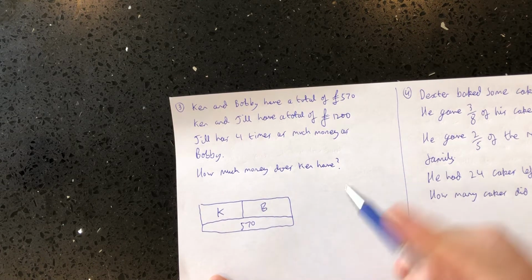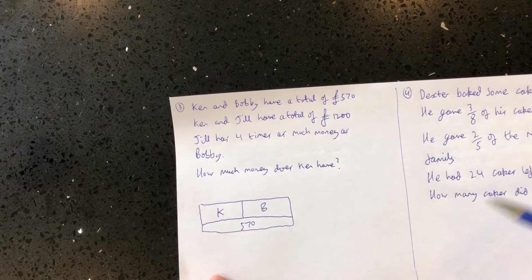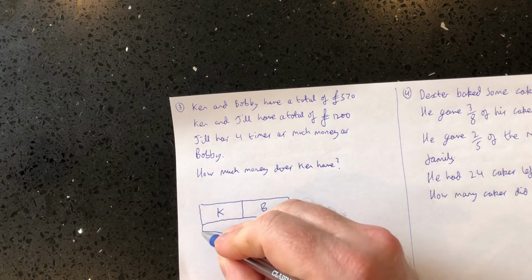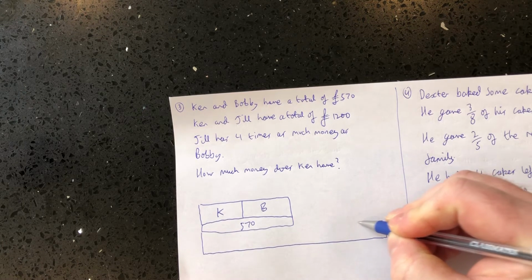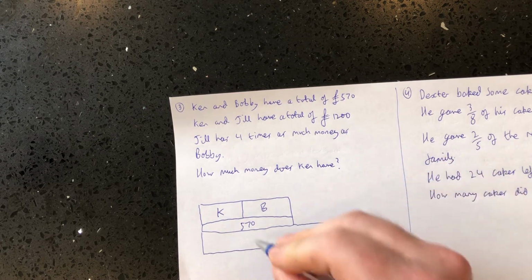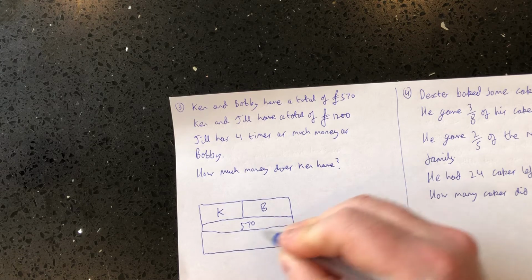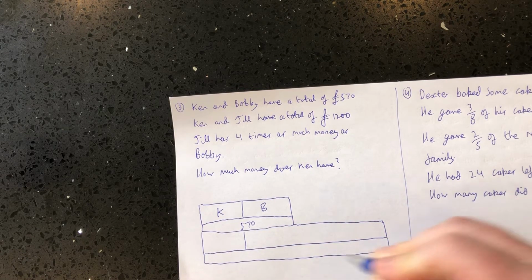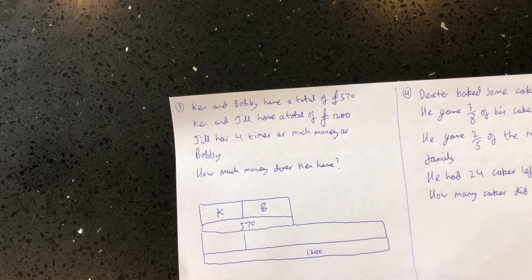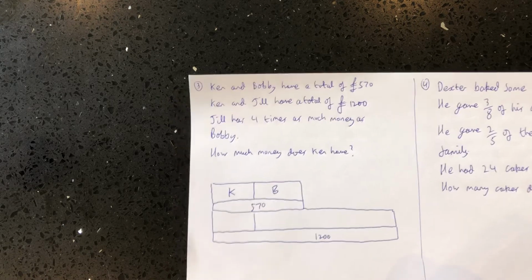Then we've got Ken and Jill, but I'm kind of looking ahead. Jill's got 4 times as much money as Bobby, so Jill's got more money. So we've got here, so this is a much bigger bar. And again, it doesn't matter too much about scale. So we've got Ken, and this is worth 1,200.